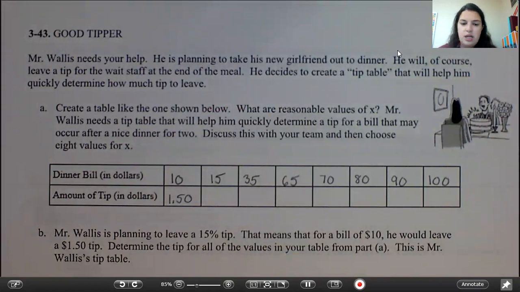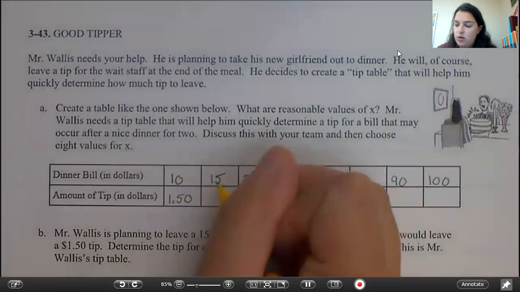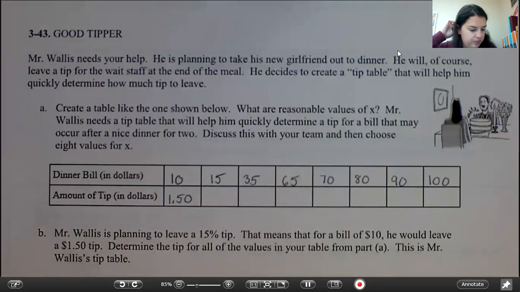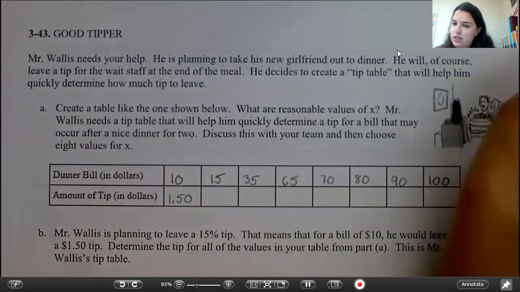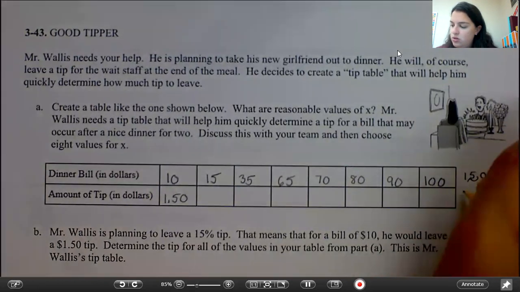Okay, if you're back with me, we're going to continue filling in the tip table. So, a quick way to get a tip: if you have $15, I'm going to do this over to the side. If you move the decimal one place, so we would get 1.50, that's 10%.